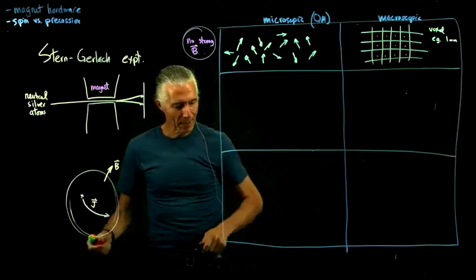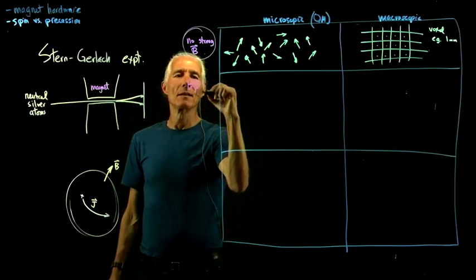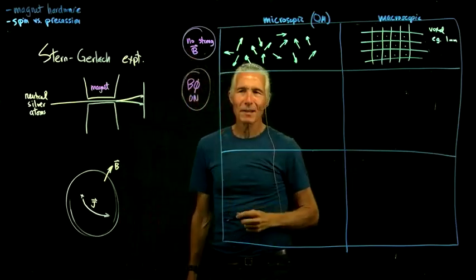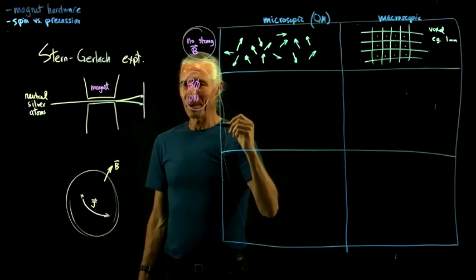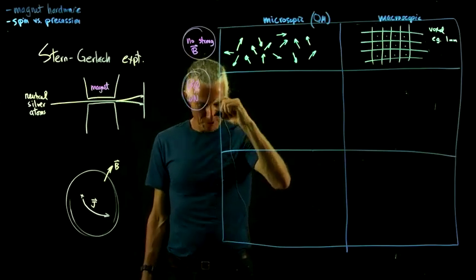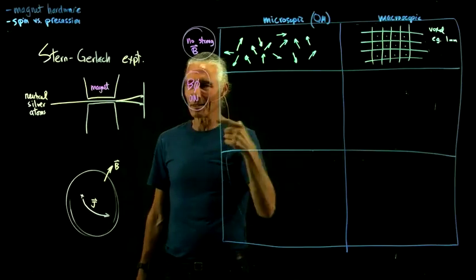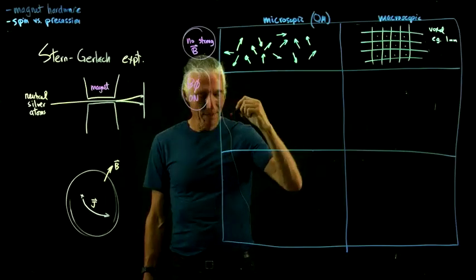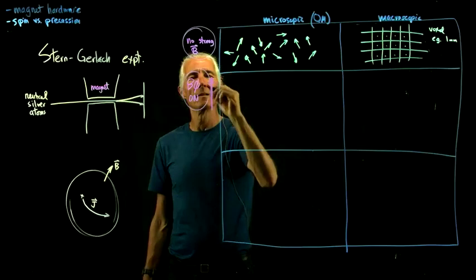So now what happens when we turn the B0 field on? For the time being, I'm going to make the B0 field go up, because this is the way the diagrams are usually made, instead of sideways, because in the magnet, the B0 field is parallel to the floor, but here we're just going to make it go up. So here's the B0 field.